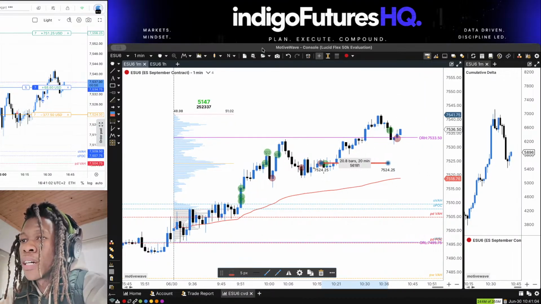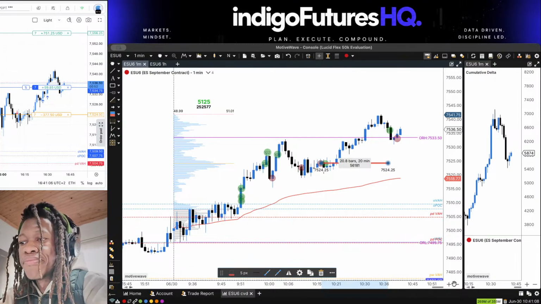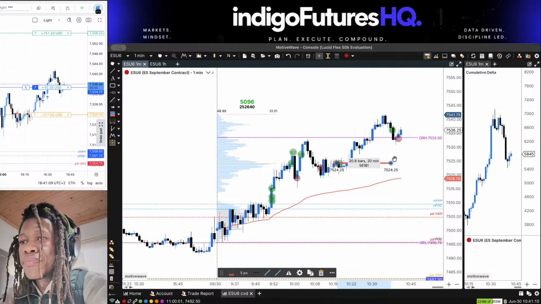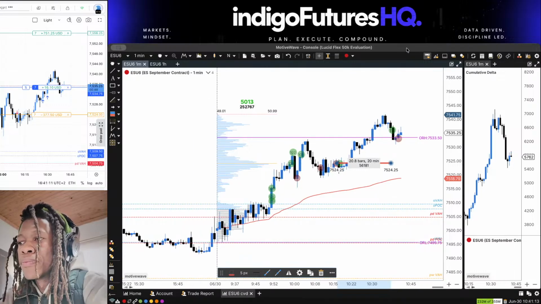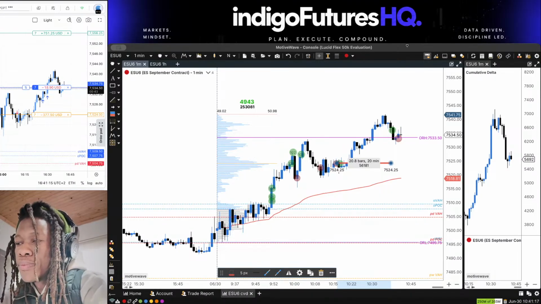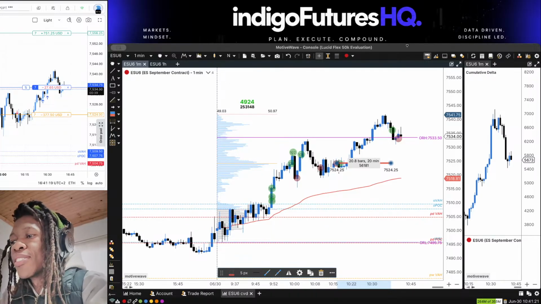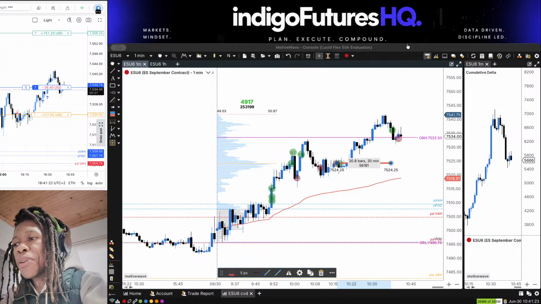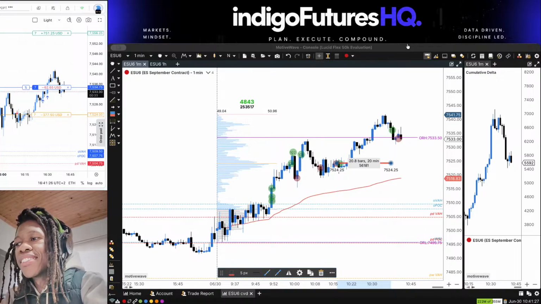Delta has shifted higher though, so... I feel like every time I say the delta has shifted higher, it shifts lower. Anytime I'm like, oh, the delta shifted higher, delta's like, have I now?